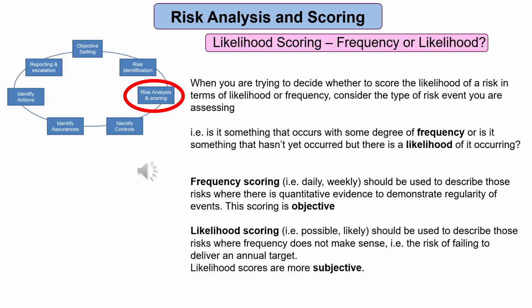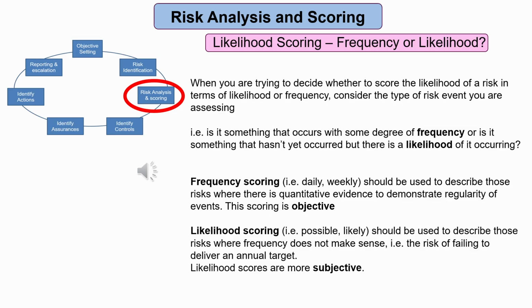When you are trying to decide whether to score a risk in terms of likelihood or frequency, consider the type of risk event you're assessing. In other words, is it something that occurs with some degree of frequency, or is it something that hasn't yet occurred but there is a likelihood of it occurring?